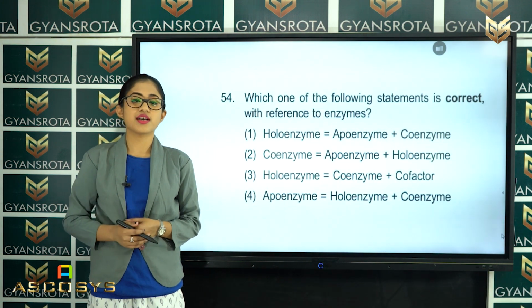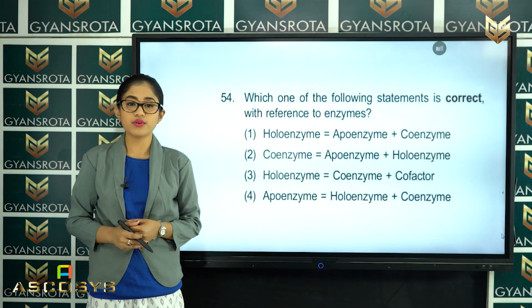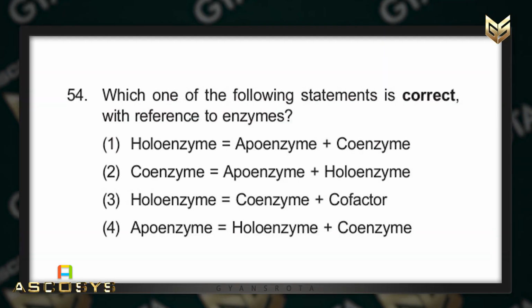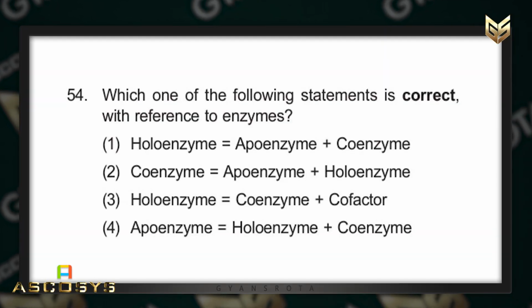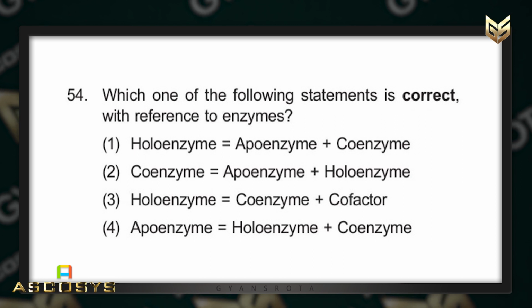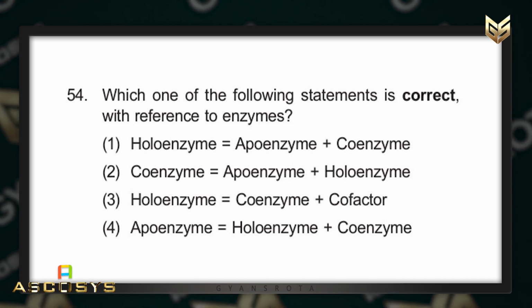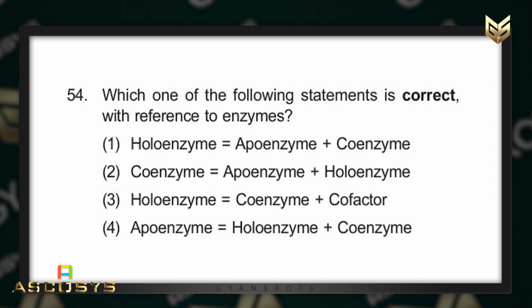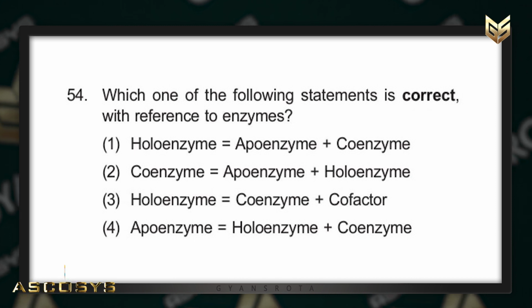Now in the next question, as you can see here, question number 54, which one of the following statements is correct with reference to enzymes? Holoenzyme is equal to apoenzyme plus coenzyme. Option number 2 is coenzyme is equal to apoenzyme plus holoenzyme, and option number 3 is holoenzyme is equal to coenzyme plus cofactor, and option number 4 is apoenzyme is equal to holoenzyme plus coenzyme.